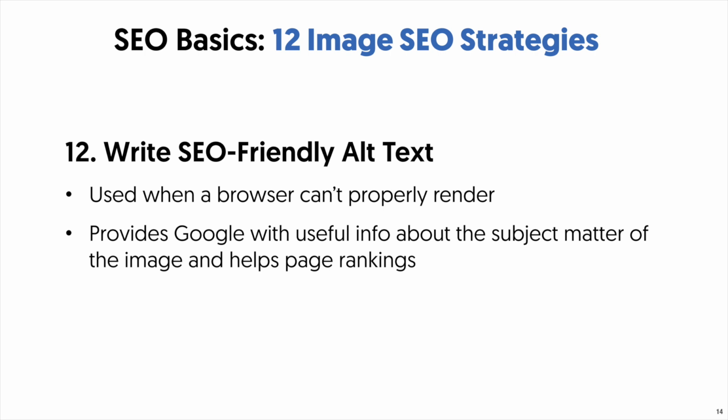So if there's some sort of an issue with how a page is loading for any number of countless reasons, the internet gods are just not cooperating, whatever, a little box appears where the image would be and it displays the alt text. So it helps make an otherwise bad user experience a little bit better. Okay, so that's super important because like we talked about bounce rate. The other thing is it provides Google with useful information about the subject matter of the image, and that always helps page rankings.